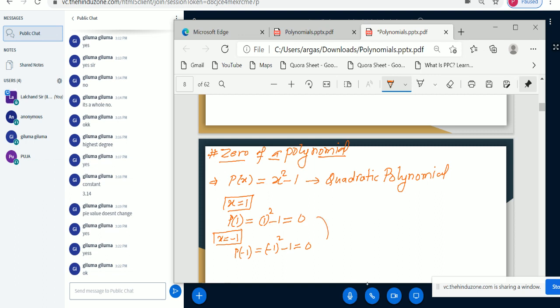So for both values, x equal to 1 and x equal to minus 1, the value of this polynomial p(x) is equal to 0. Okay, so are you getting the concept behind zero from this example?